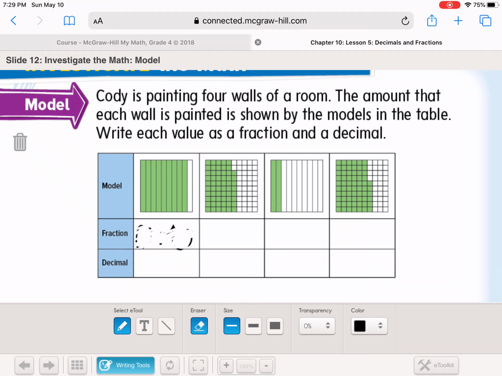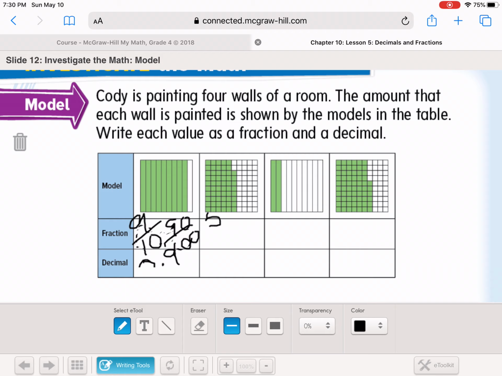So I'm going to write it in two ways, okay? I'm going to write it as 9/10 or 90/100. Okay, 0.9. Then over here, I have 10, 20, 30, 40, 50, 58.